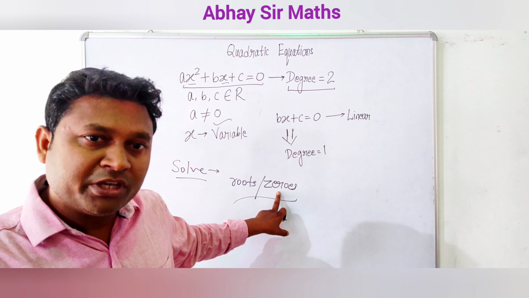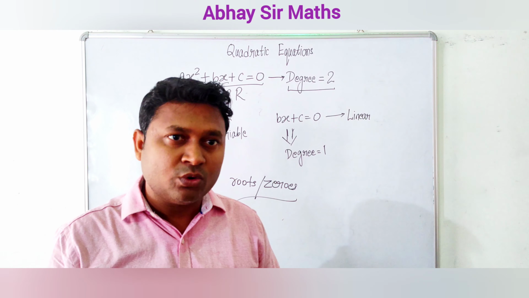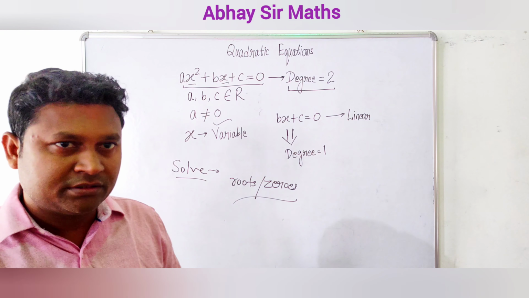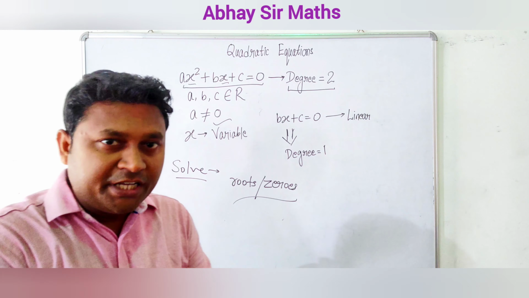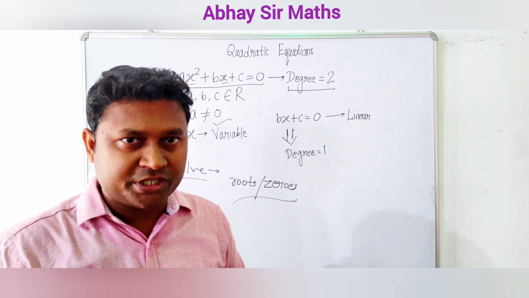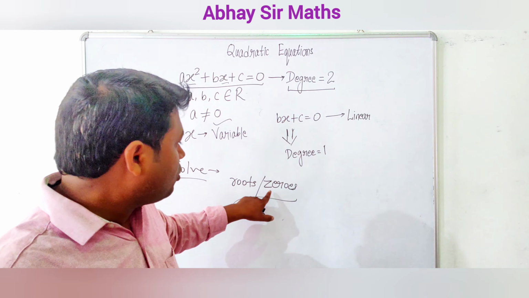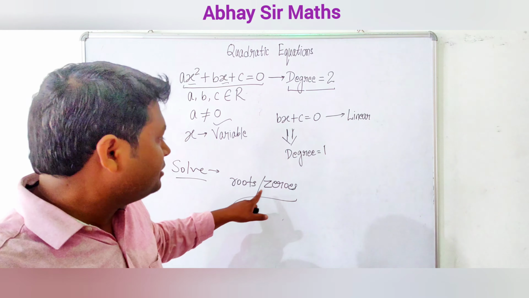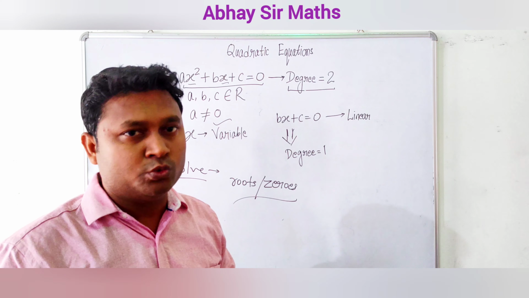Here it is the same thing, only its name is changed. It will now be called roots, so don't get confused, both are the same thing. Remember, degree and roots are directly related. The number of roots depends on the degree. If the degree is 2, then the number of roots will be 2.